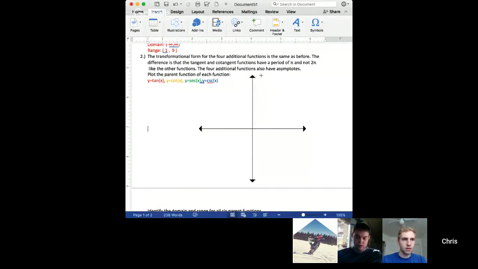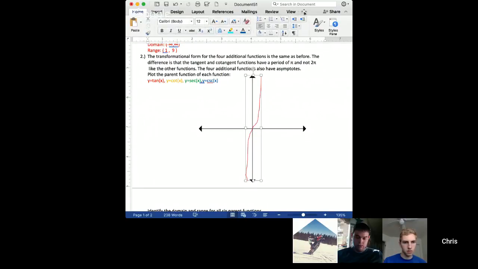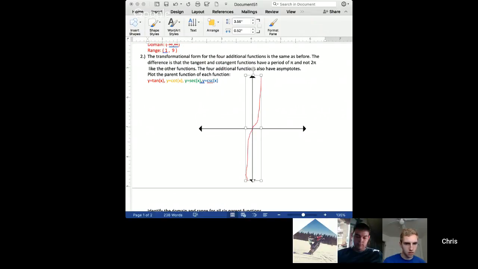So tangent goes like this, and then this. That's a tangent. But after the lollipop of death starts spinning, I'll change that to not black but red. So we know that, and put arrows on it. There we go.